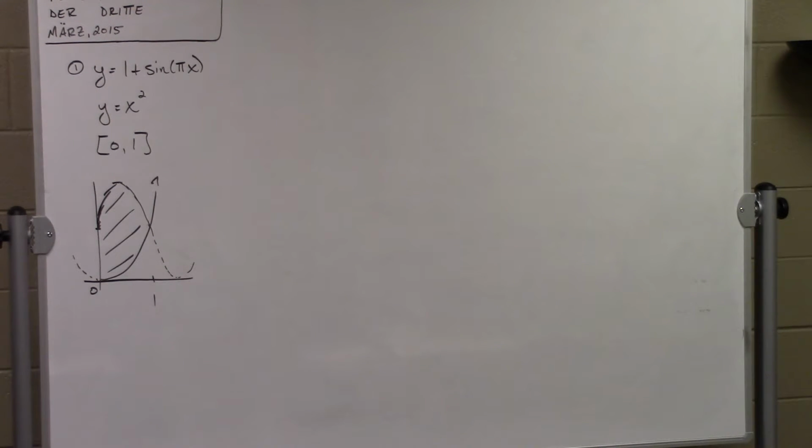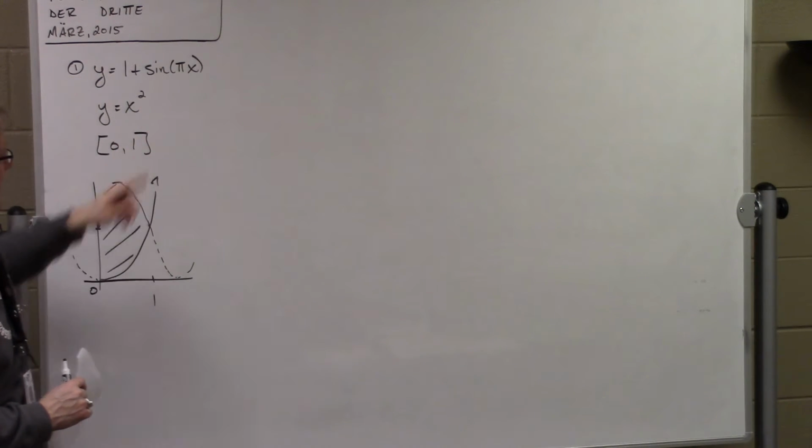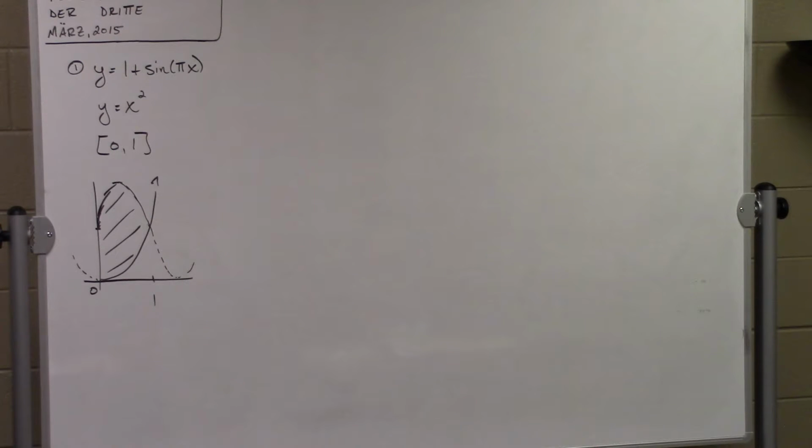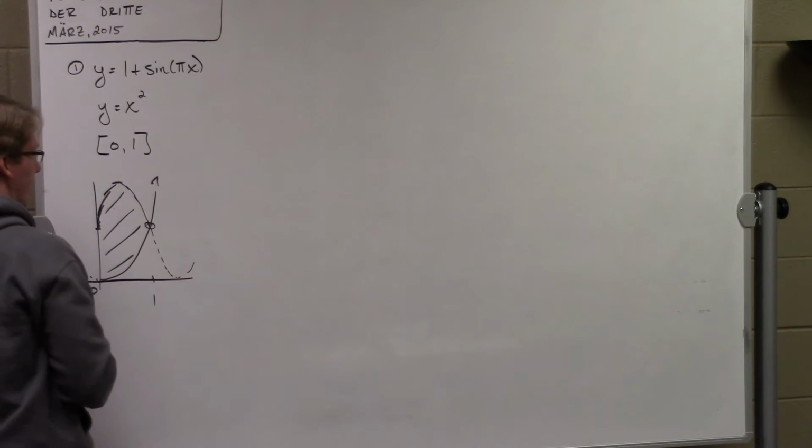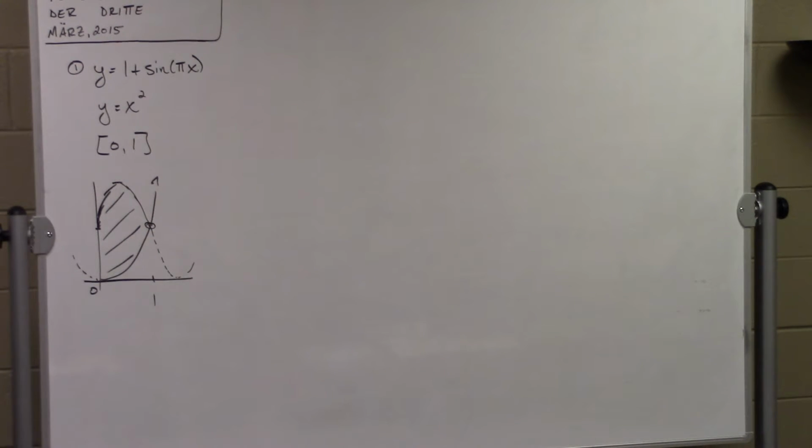If there was an area that I had to do in 2 pieces, you would have to set this equal to that. And that's rough to do by hand, impossible unless you can look at it and go, I think 0 works or something like that. 0 doesn't work, by the way, 1 does. So 1 is where they would meet each other, at the point 1, 1. Yes, you got it. They met at 1, 1.